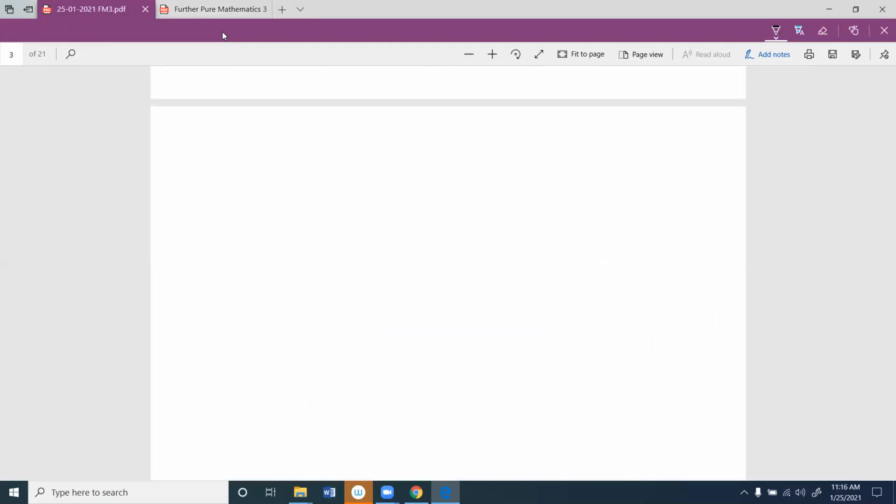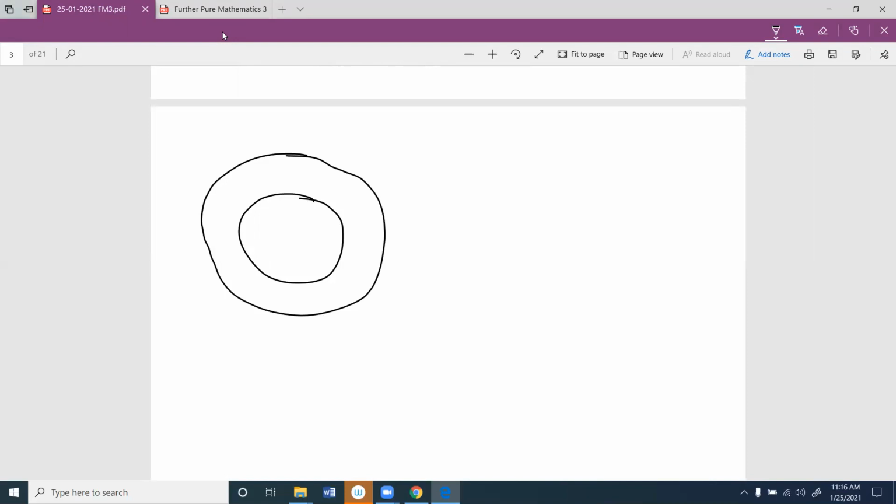So over here, there are two circles with the same center. Excuse me if my drawings are a little bit bad. This is the center. Here this coordinate is a and here the coordinate is b. They have drawn a line somewhere over here.